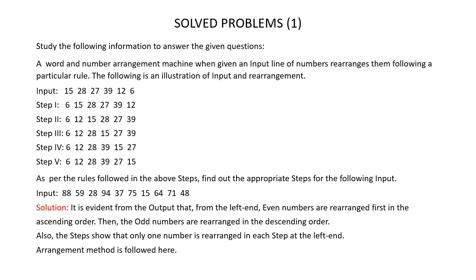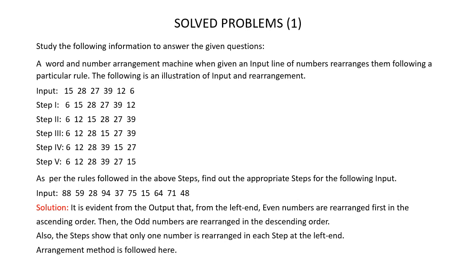Now clearly you can see that in step 5, even numbers have been arranged in the ascending order from the left hand and odd numbers have been rearranged in the descending order next. Also you can see that the steps show that only one number is being rearranged in each step at the left hand.